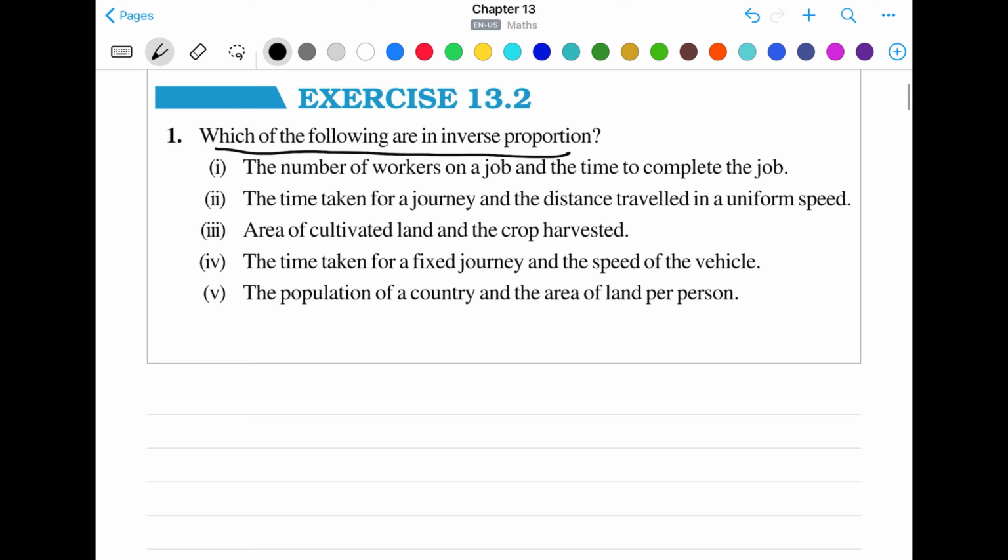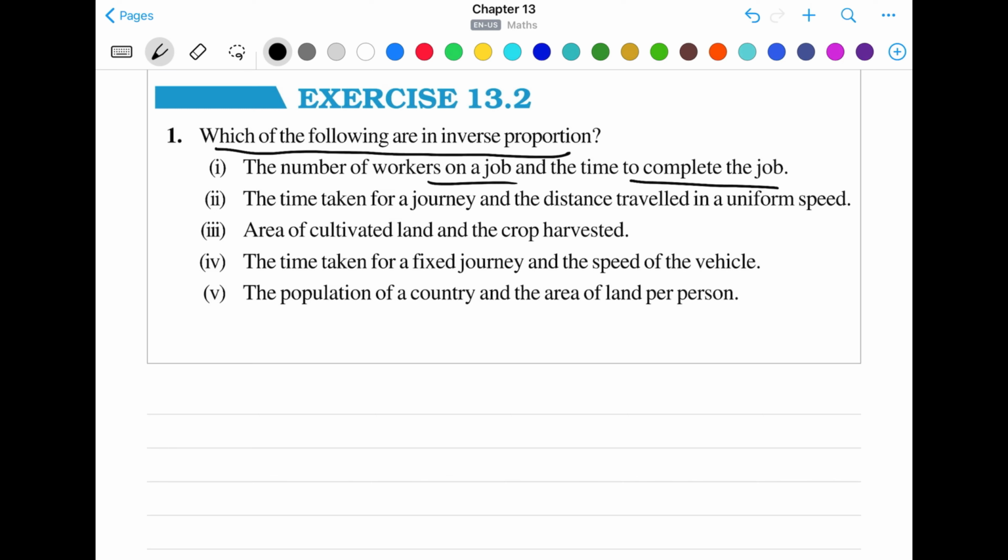Let's see. First one, we have the number of workers on a job and the time to complete the job. We are given a relation here of the number of workers on a job and the time to complete the job. As you know, if we increase the number of workers working on a particular job, what will happen?